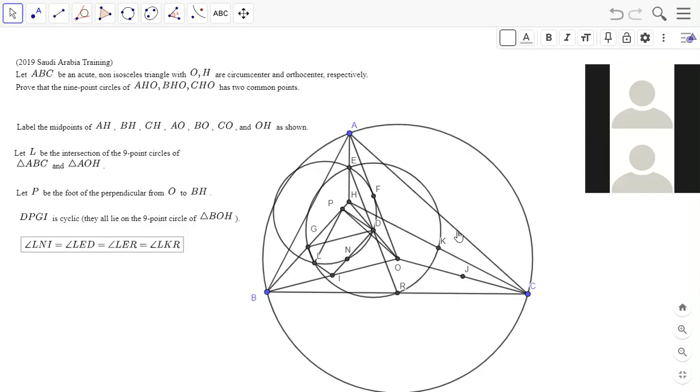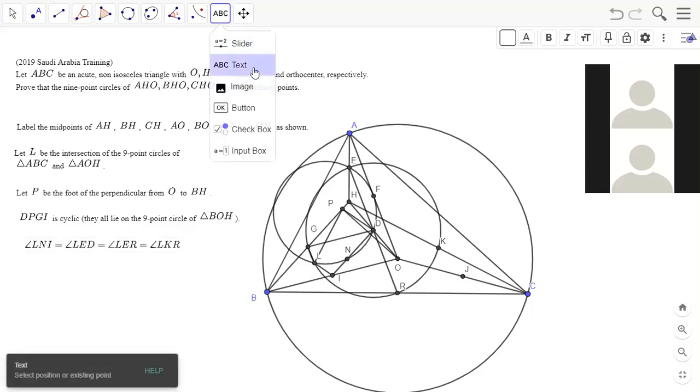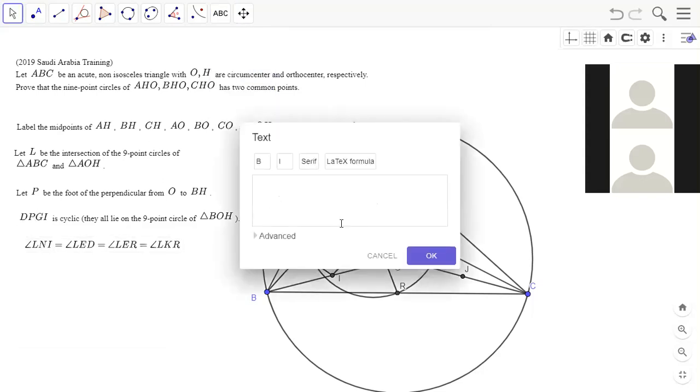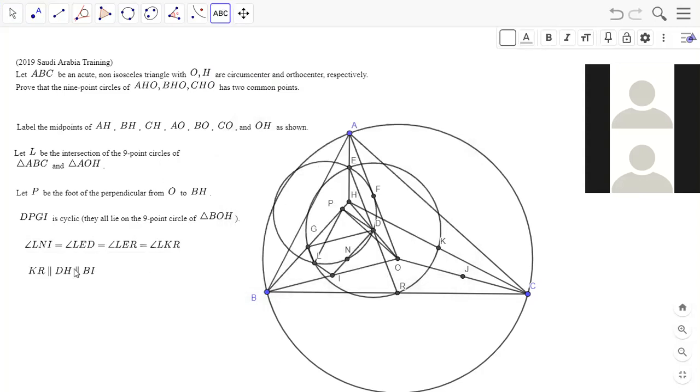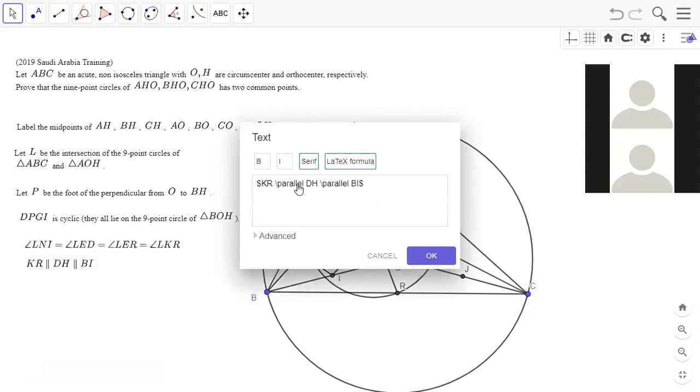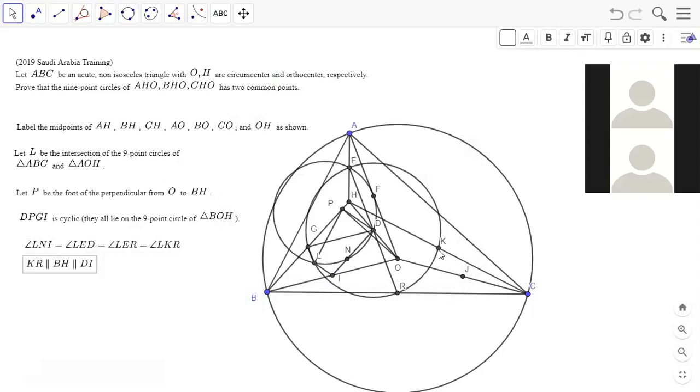And then we have KR is parallel to BH, which is parallel to BI. Is that right? BH and BI, sorry. And so that means that L, N and K are collinear, right?